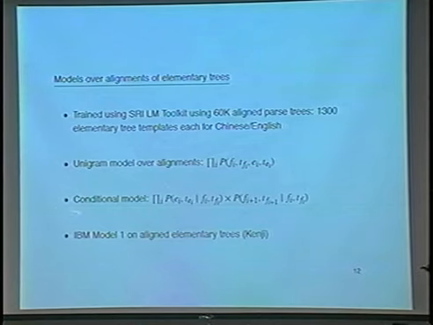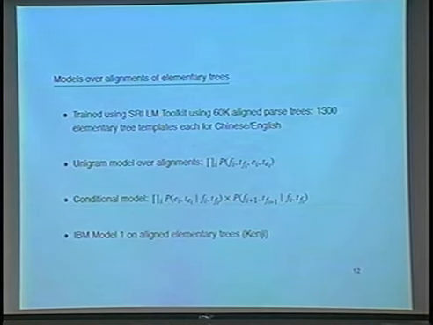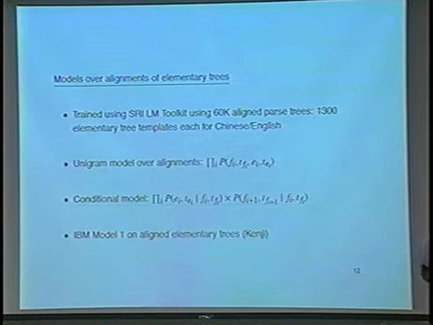Another way to score these alignments is by using a slightly more complicated model where the English lexicalized tree is generated conditional on the Chinese one, and then the subsequent Chinese lexicalized trees are generated based on the previously aligned Chinese elements. And in addition, we also tried IBM Model 1. Kenji tried IBM Model 1, which is the sum of all alignments using these basically lexicalized elements.